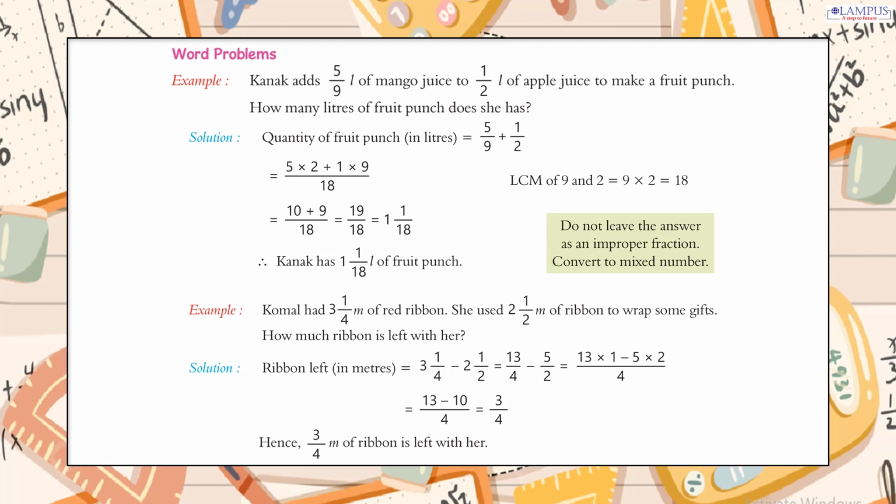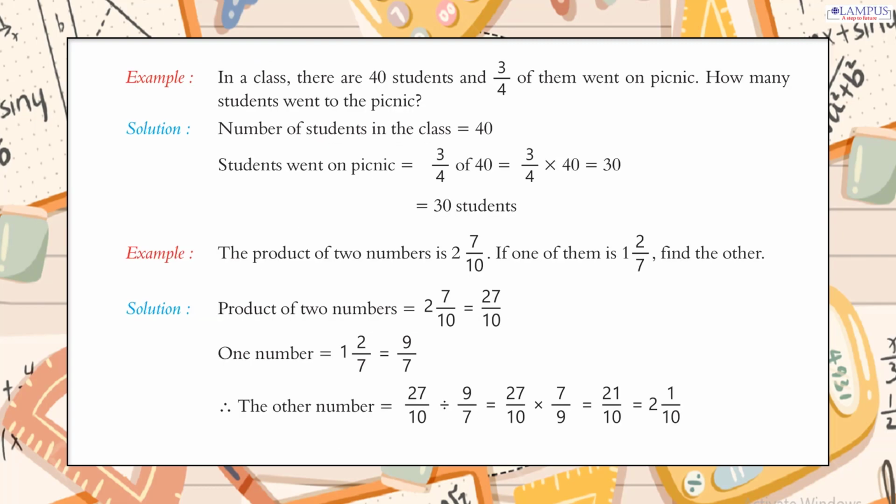Ribbon left, in meters, equals 3 and 1/4 minus 2 and 1/2 equals 13/4 minus 5/2 equals 13 multiplied by 1 minus 5 multiplied by 2, whole divided by 4, equals 13 minus 10, whole divided by 4, equals 3/4. Hence, 3/4 meters of ribbon is left with her.